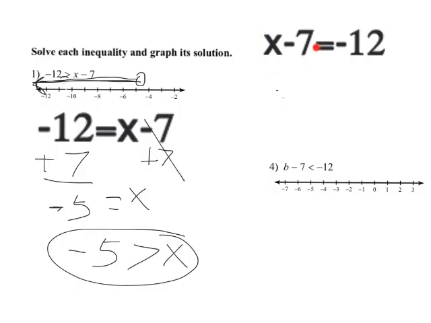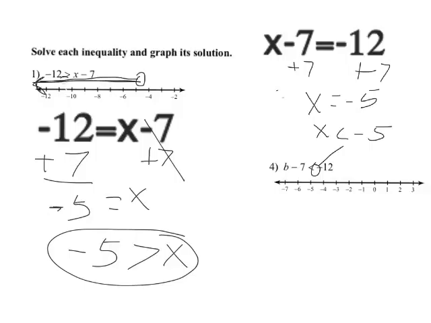My goals are always the same, to get the x by itself by doing the opposite. So I'm going to add 7, add 7. So x equals negative 5. Now I'm going to put my correct symbol in, and that'll be a less than negative 5. I just brought that symbol up because I didn't change it in any way.